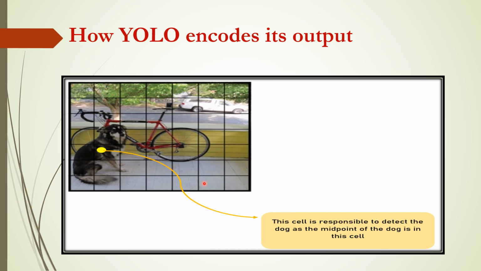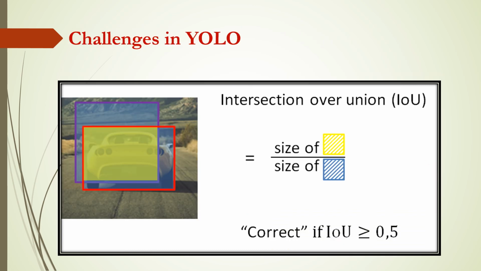The bounding box consists of 5 components: the X and Y coordinates representing the center of the box, the width and height of the box, and finally the confidence, which represents whether an object exists in this image or not. The cell which has the center of the object is responsible for detecting it.